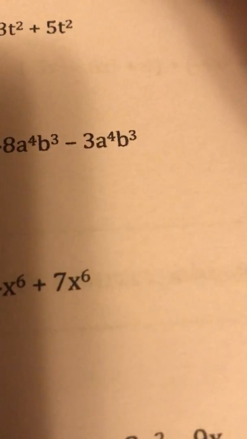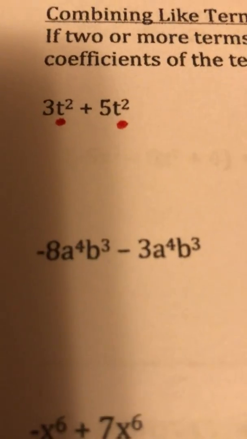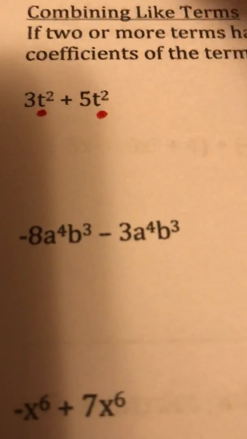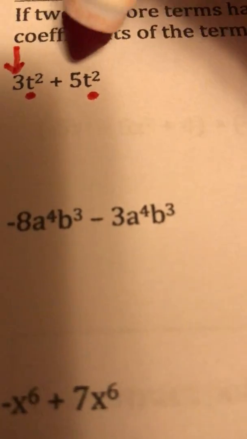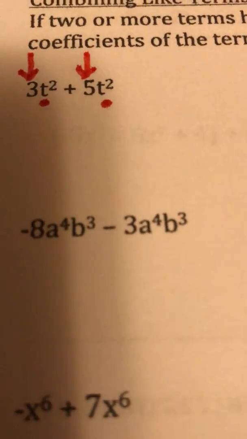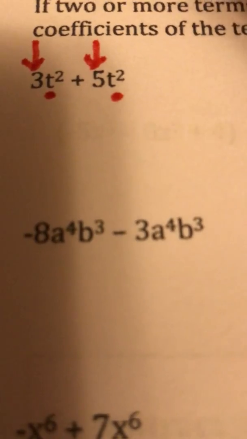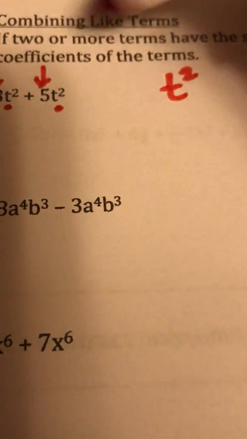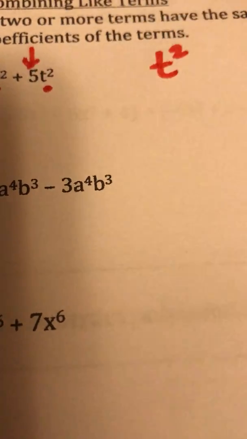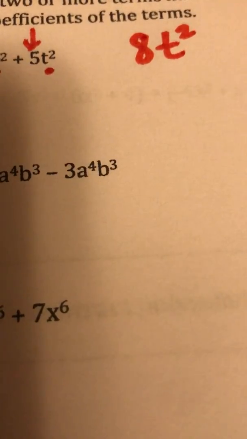So these are both t squared. So if this is t squared and this is t squared, then we can add the coefficients. And the coefficient is the number here at the start, okay? So 3t squared plus 5t squared is 8t squared, okay?